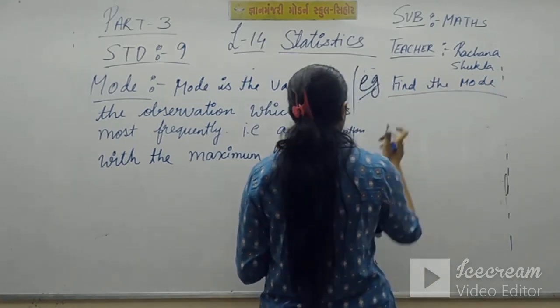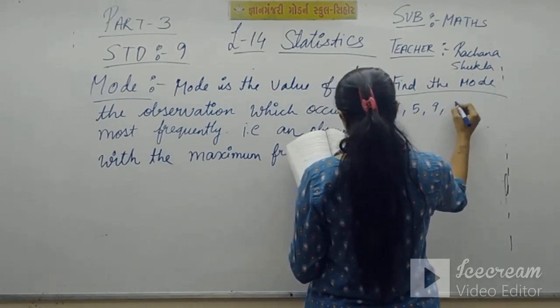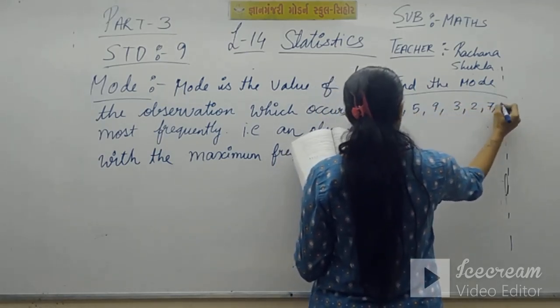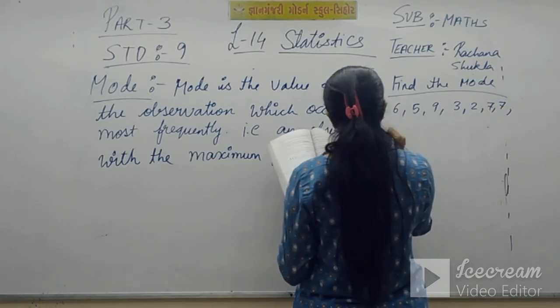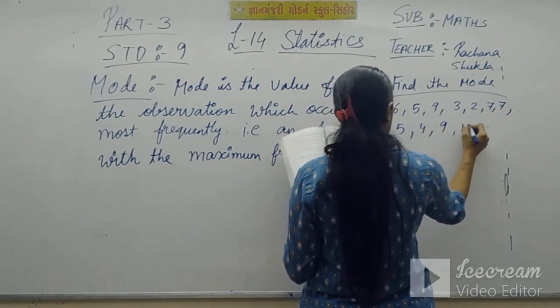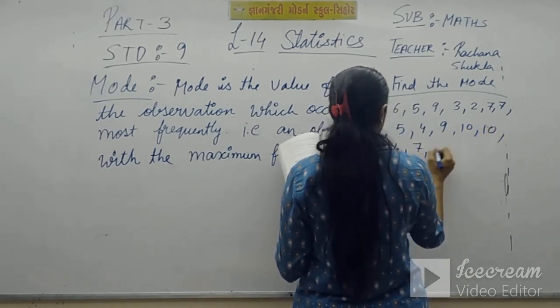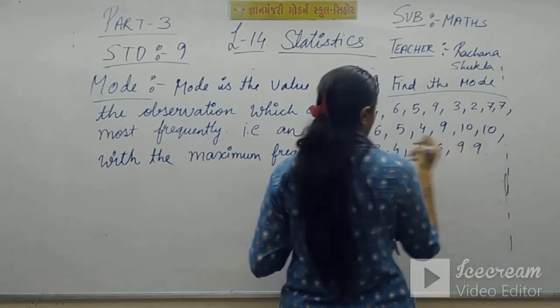Your question is 4, 6, 5, 9, 3, 2, 7, 7, 6, 5, 4, 9, 10, 10, 3, 4, 7, 6, 9 and 9.